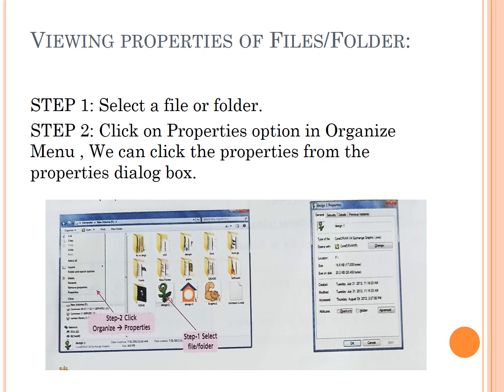Now see the right side of the slide, which shows the properties of this particular file, that is the name of the file, its type, location, and when the file was created or modified. So now we know how to view the properties of files or folders.